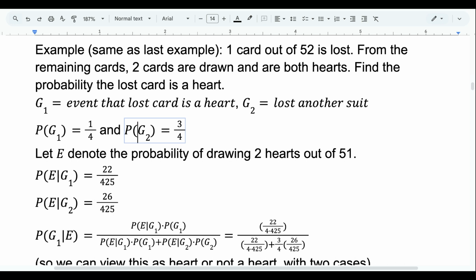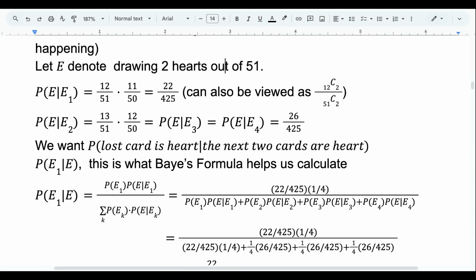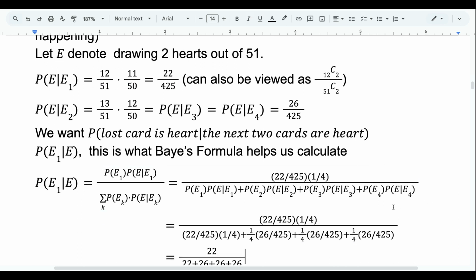Conditional probabilities we worked out: if the lost card is a heart, then we had to multiply by 12. Let me just recopy this here. It was 12 over 51 times 11 over 50.